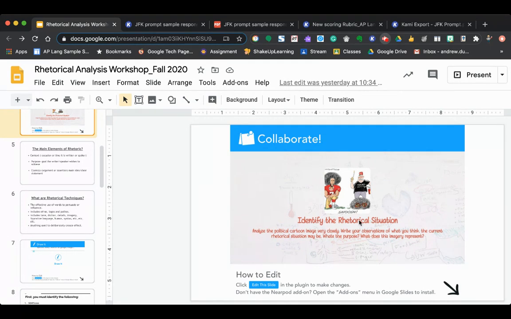So, what is actually going on here from the ideas being conveyed in this image, and what is the purpose? What was the purpose for conveying this message through imagery here? And what does it represent? That's setting context for the rhetorical situation that we are going to look at this week.